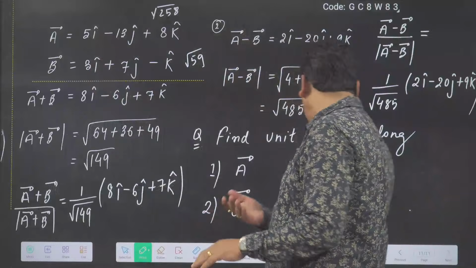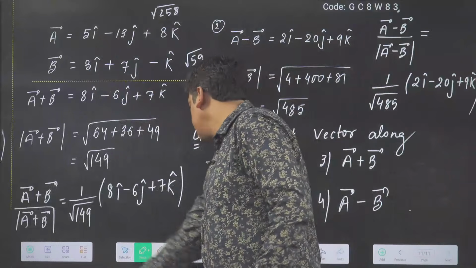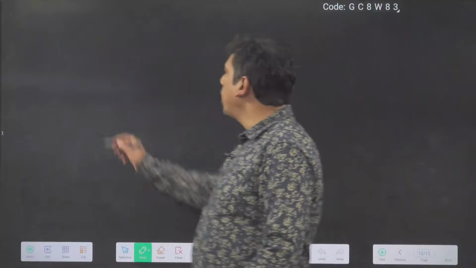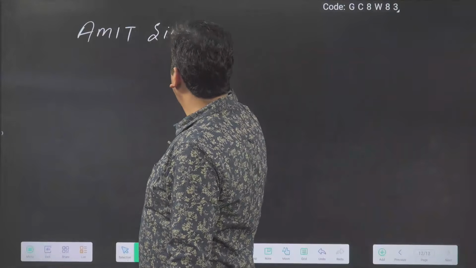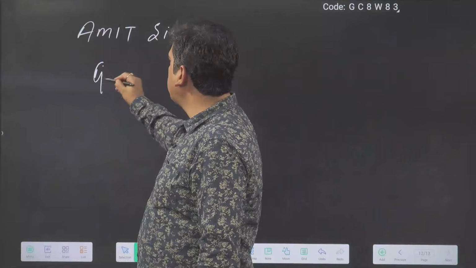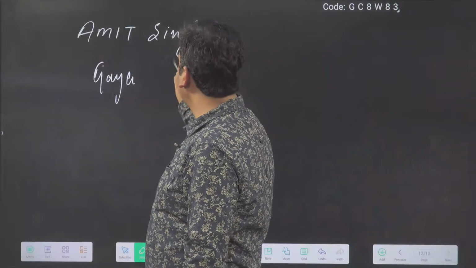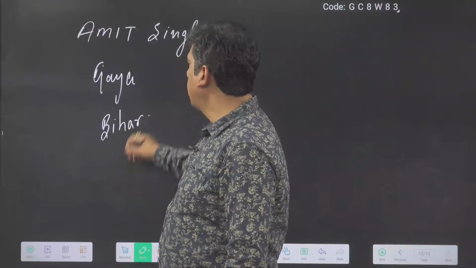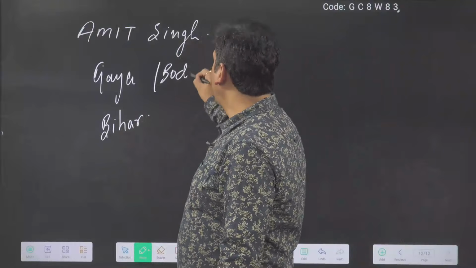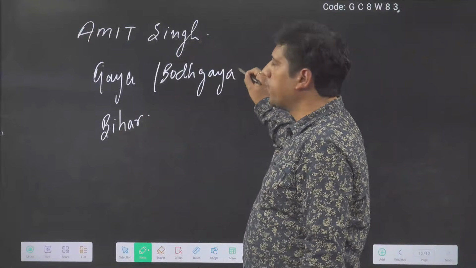About myself, my name is Amith Singh. I belong to Bihar, to Gaya city. I hope you have heard of Bodh Gaya, Gaya city of Bihar. Bodh Gaya is very famous for Buddhism.